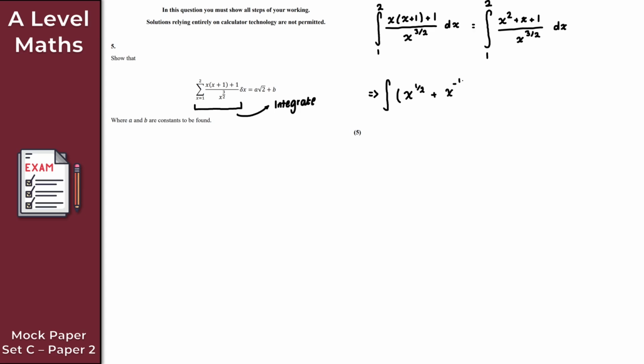And finally 1 over x to the 3 over 2, which is simply x to the power of minus 3 over 2. Again, integrating with respect to x, and our limits of integration do not change.